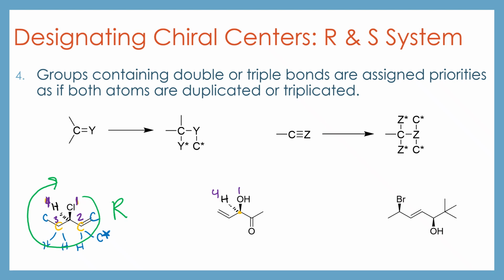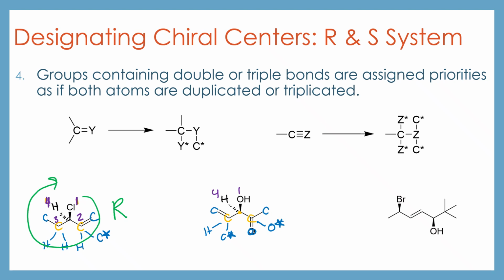And then we are comparing carbon to carbon. We can't make a decision at that point, so we go out to the next level. This carbon has a carbon, a hydrogen, and a C star. The other carbon has the oxygen, a carbon, and an O star. So this one is going to be the higher priority.